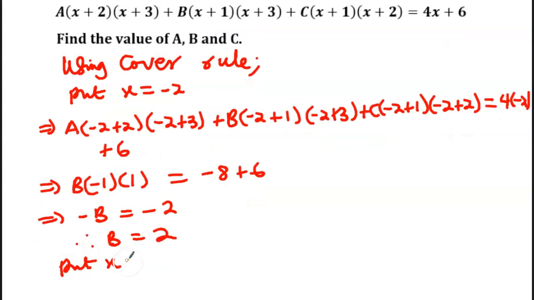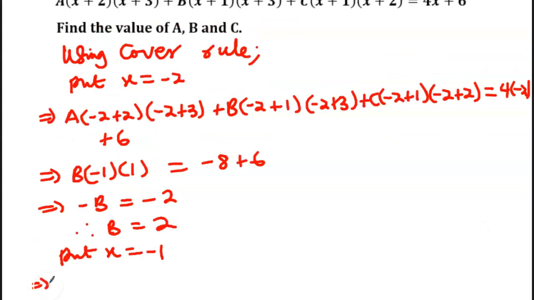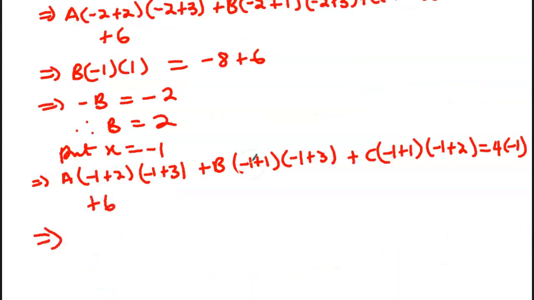So put x is equal to minus 1. In that case, we are going to have a times (minus 1 plus 2)(minus 1 plus 3), plus b times (minus 1 plus 1)(minus 1 plus 3), plus c times (minus 1 plus 1)(minus 1 plus 2), is equal to 4 times minus 1 plus 6. So minus 1 plus 1 is 0, so this whole term will go to 0.